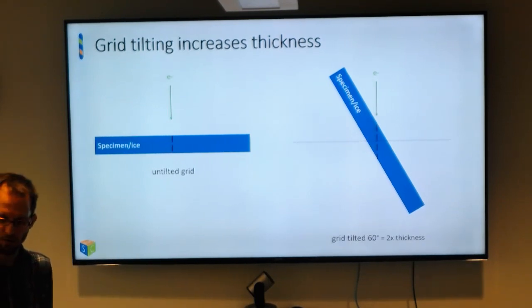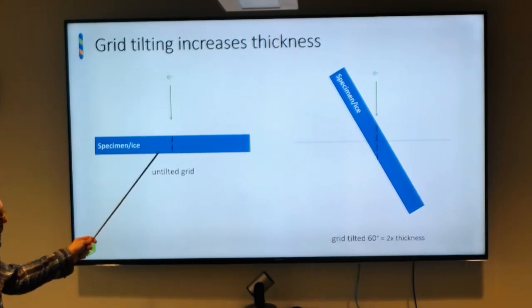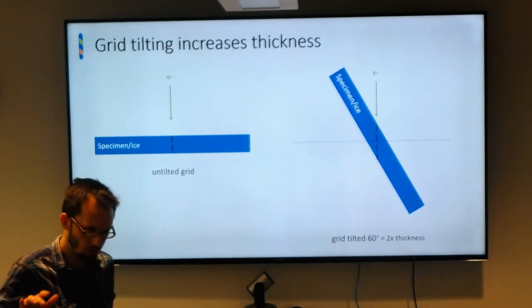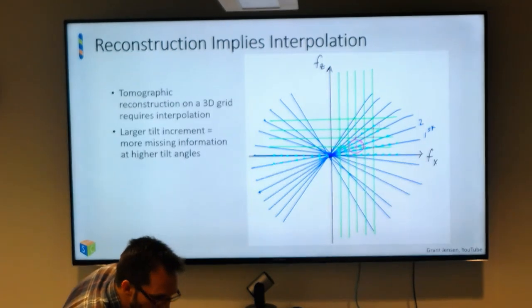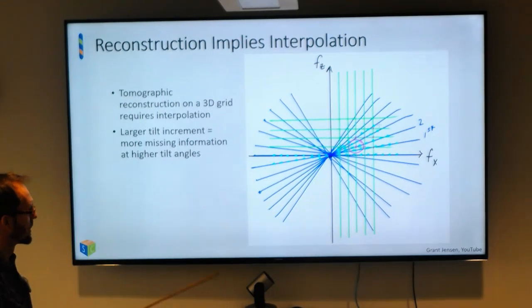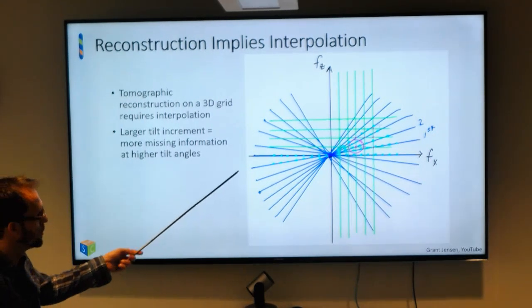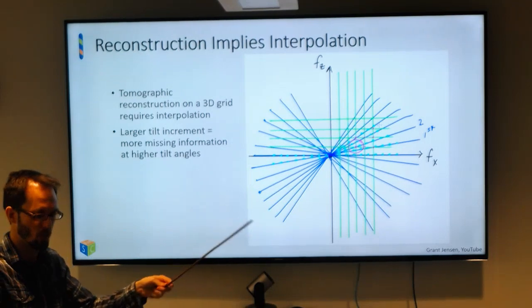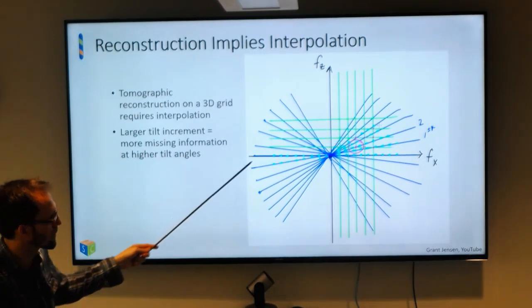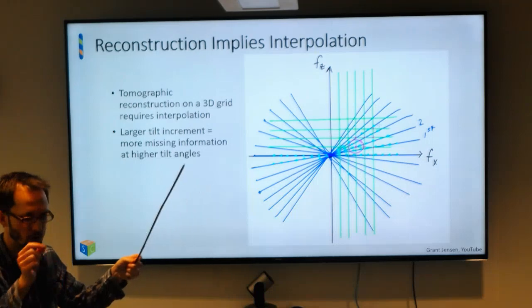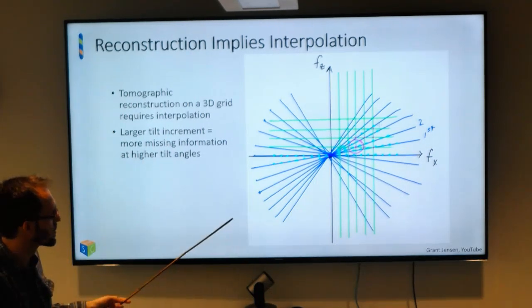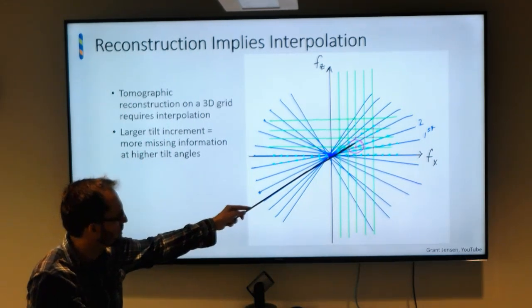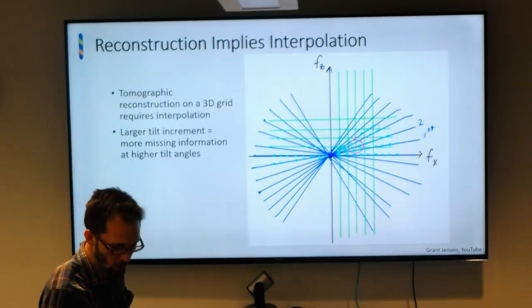The next best is actually starting a little bit negative, making that your first image, and then going through like this. And so you get all your low angle tilt images first. Another small limitation that Grant points out in his video is that you have to take these tilt images, and then when you reconstruct, you're reconstructing onto a grid of pixels or voxels in 3D space, and you have to interpolate all these little blue points into real grid points, these pink, purple points.